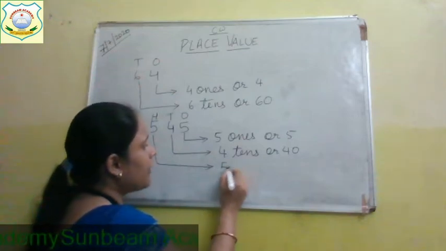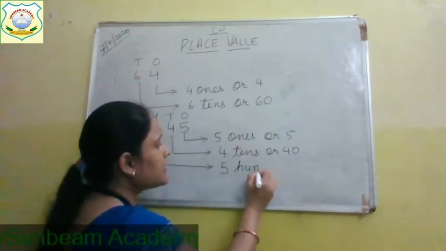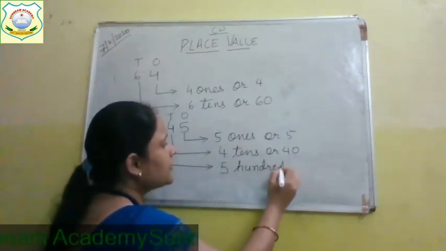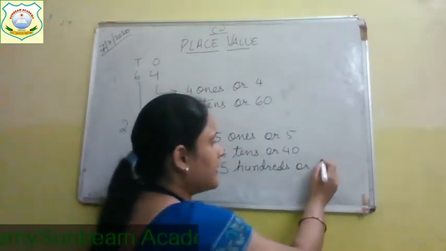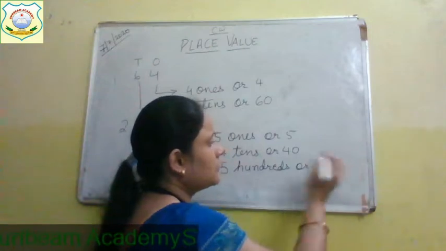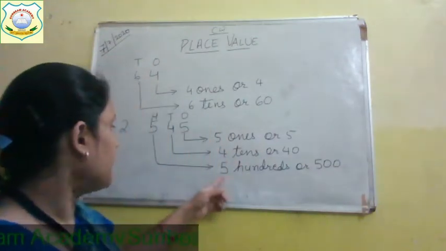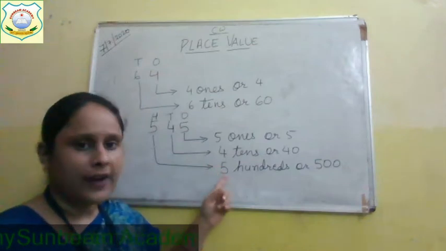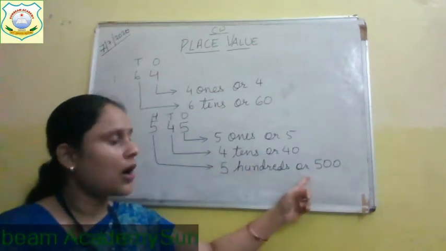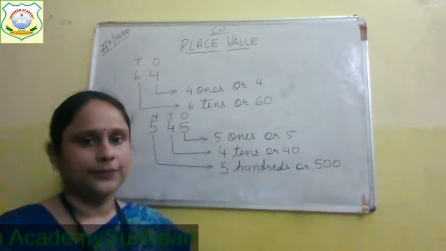Tell me. 5 hundreds or 500. Okay. 5 is at hundreds place, so place value of 5 is 5 hundreds or 500.